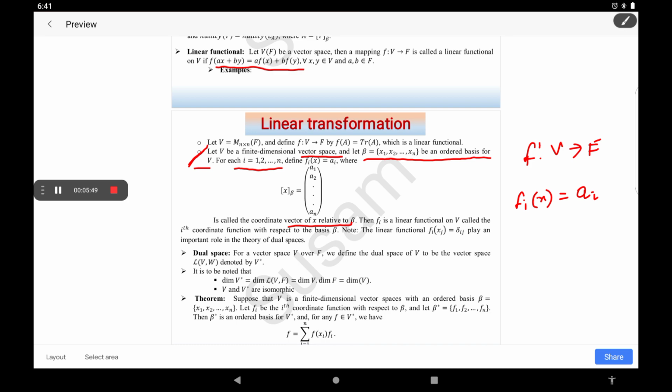Because f is from V to F, f(x) means x is a vector and f_i(x) equals a_i, where these a_i's are given here.